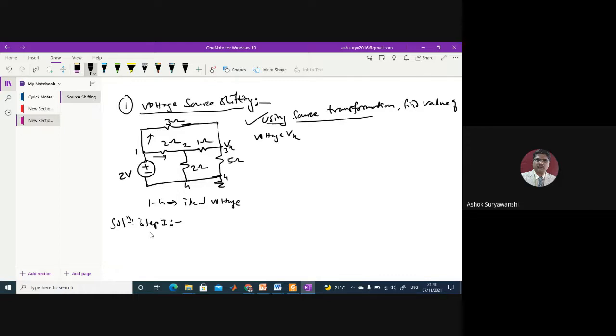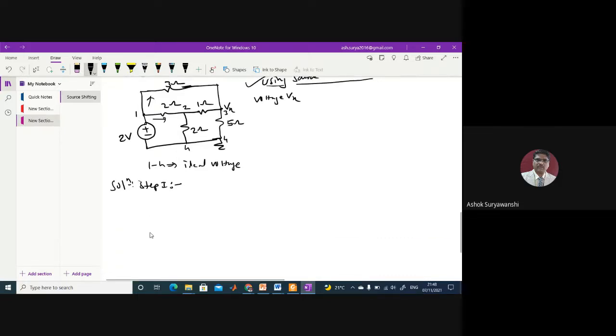So how can we do this? Let us do that first. I will shift this 2 volt voltage source into the 3 ohm branch.